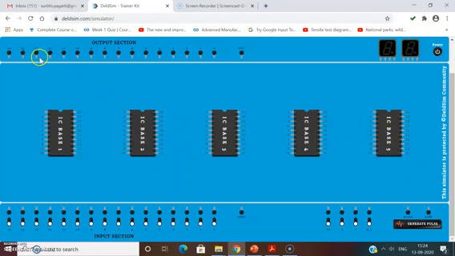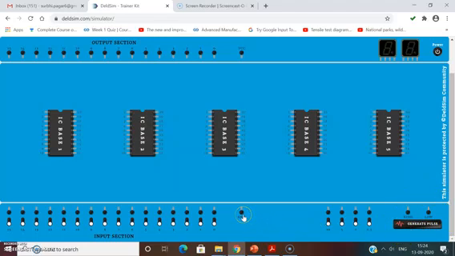There we have seen the output section where our output is going to be visible, and these are the inputs from which I am going to give the input to the IC. These high and low are to generate the pulse. In next practicals, when we need this pulse, we can generate it from these buttons.